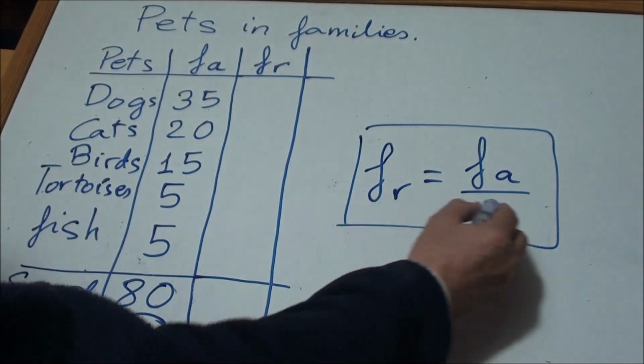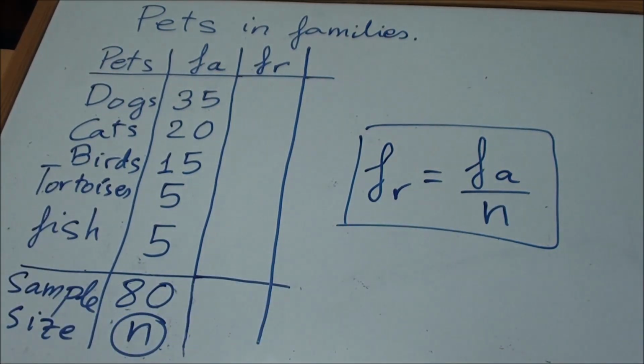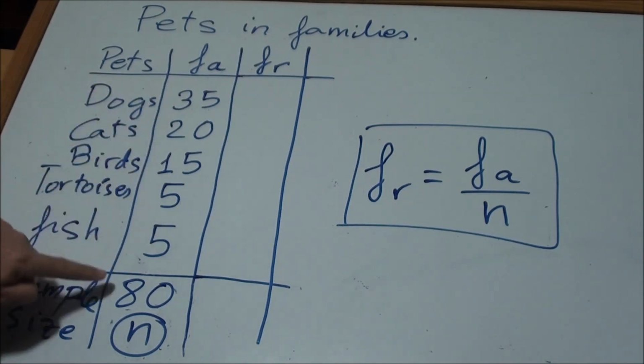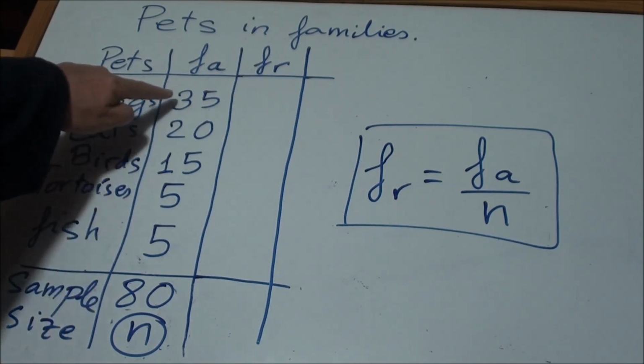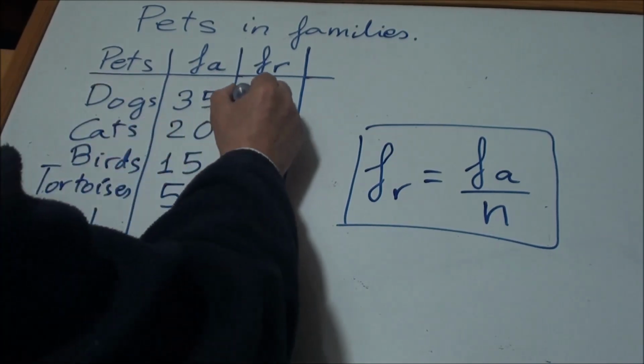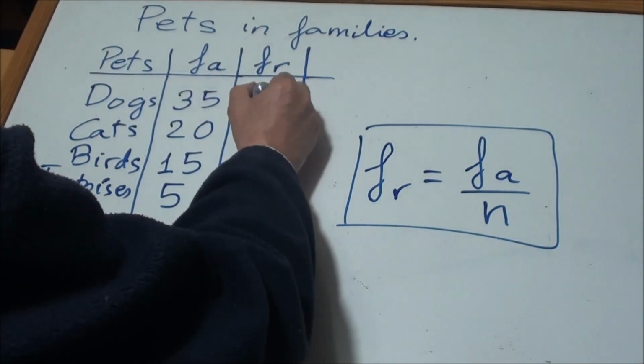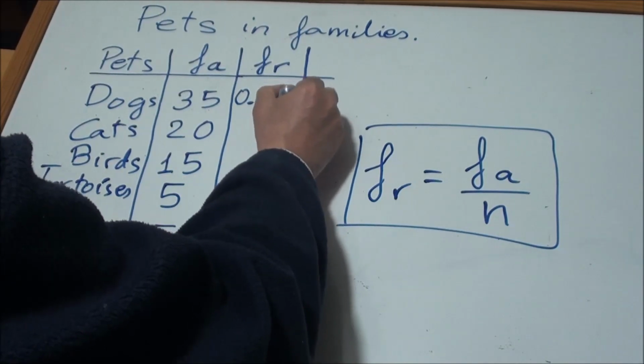This is the formula. So in this case we divide 35 by 80. 35 divided by 80 is 0.4375.